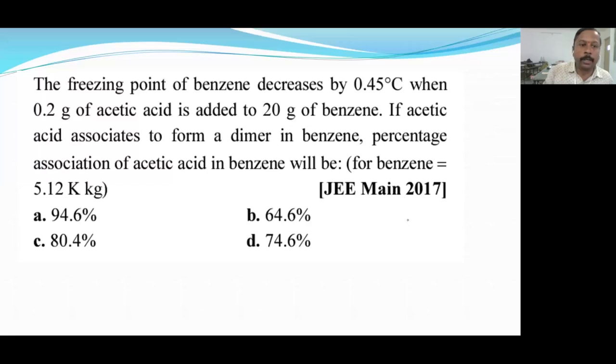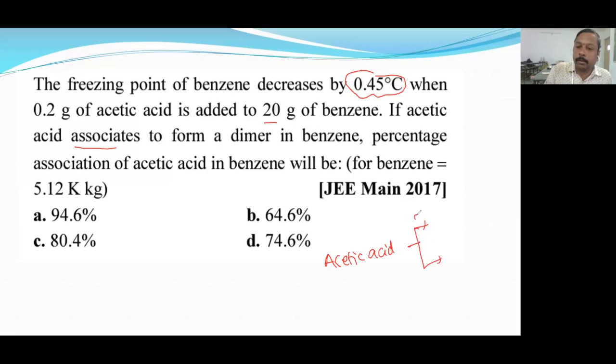Okay, next: freezing point of benzene decreases, a similar type. We got it in AIIMS also. 2 grams of acetic acid, 20 grams of benzene. If acetic acid associates, this is a very important thing. Acetic acid will dimerize or dissociate depending upon the solvent.